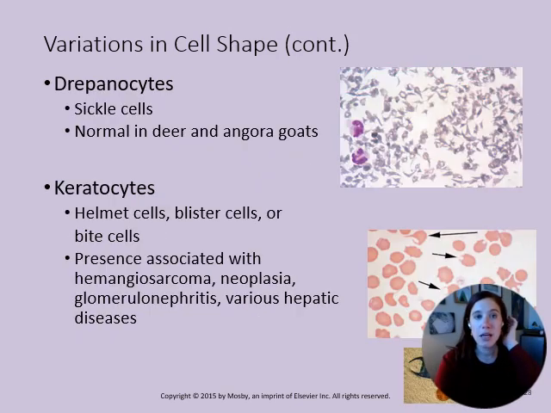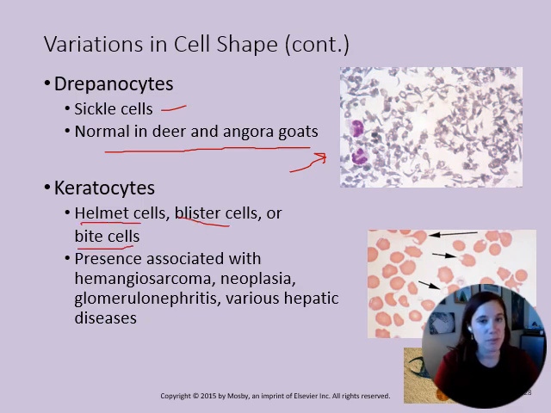We can see drepanocytes. These are also known as sickle cells. They're normal in deer and Angora goats. Kind of pretty and wispy. We can also see keratocytes, also known as helmet cells, also known as blister cells, also known as bite cells. Why? I don't know.